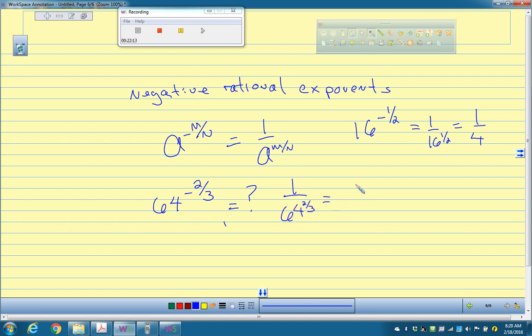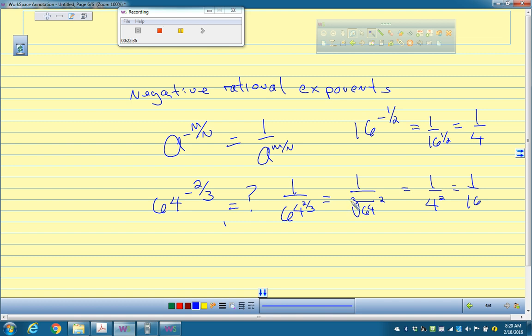You could do the cube root of 64 squared, but you wouldn't want to square 64 and then take the cube root. The cube root of 64 is equal to 4, so it's 1 over 4 squared, which is equal to 1 over 16. This is a case in which you could have squared 64 and then taken the cube root of it, but that would be a huge number, and I don't know if you know how to take the cube root of that.